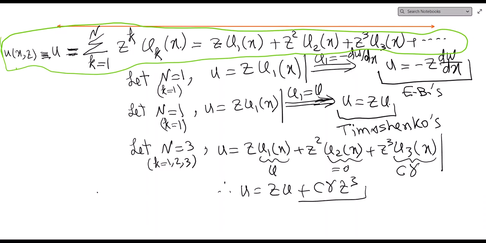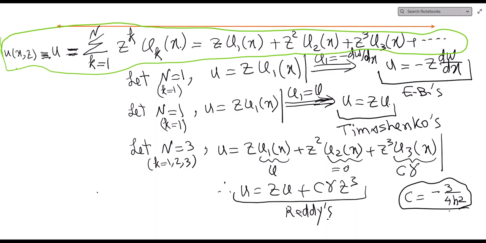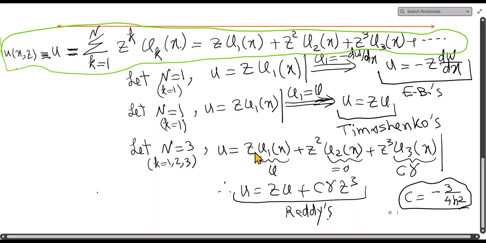And if you recall, this is Reddy, that we worked out. I guess we worked out that the c should be minus 4 over 3h squared or something like that. Doesn't matter here for our discussion. And gamma is the pure shear strain. So this functionality recovers the Reddy theory.